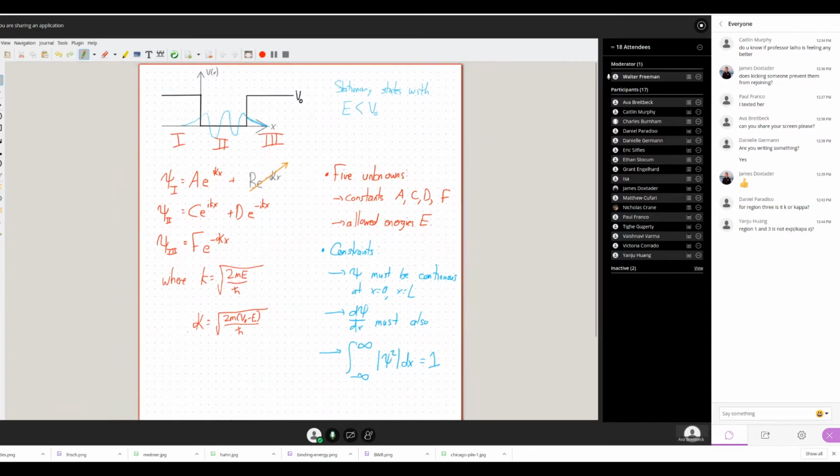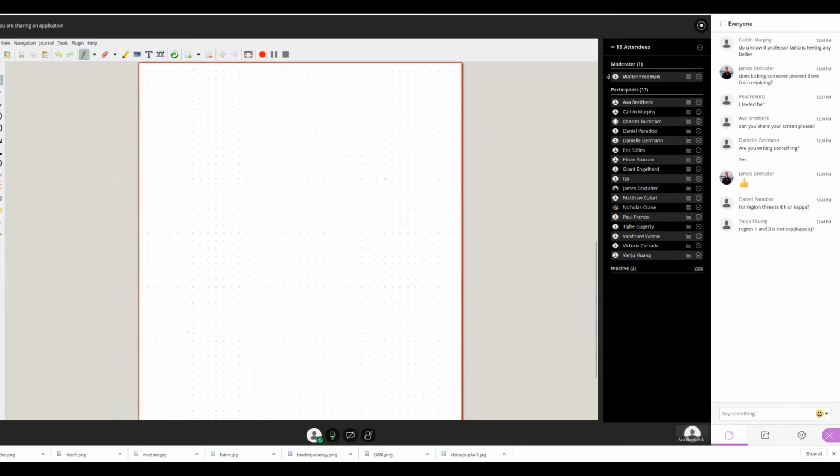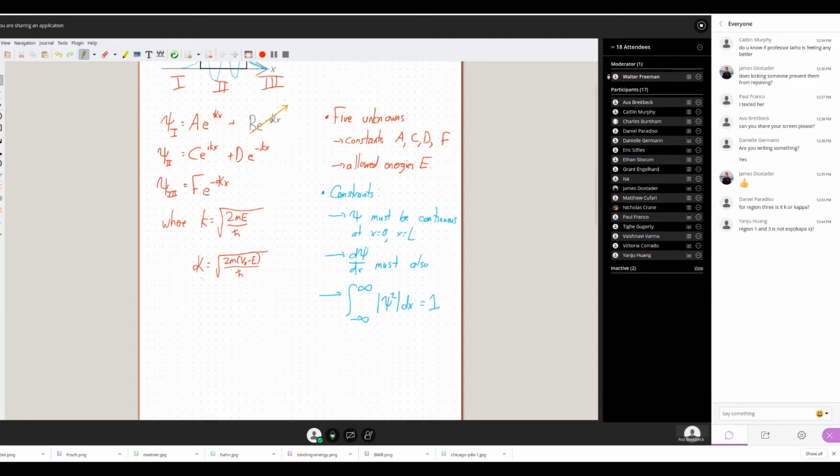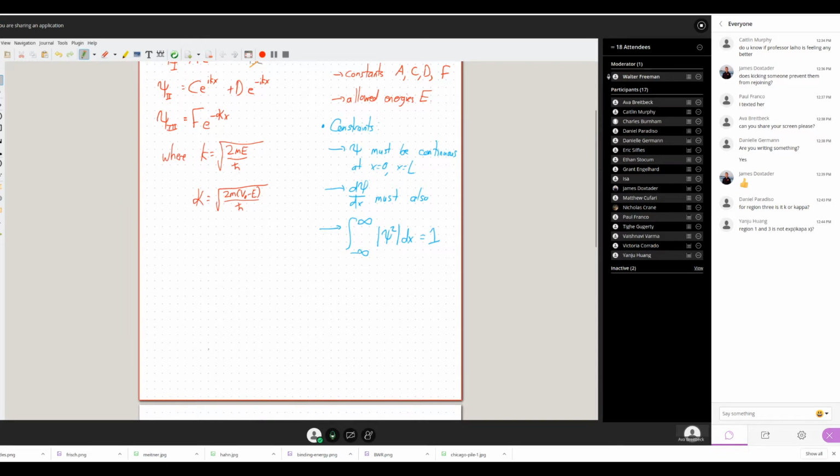When you solve this, you wind up with 5 constraints and 5 unknowns. I'm not going to do the algebra.